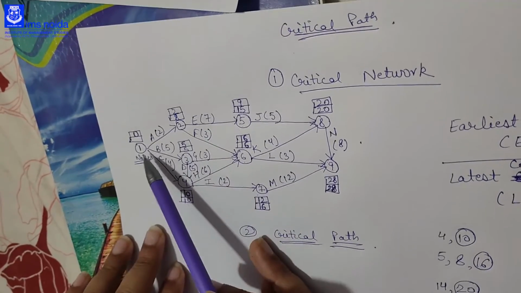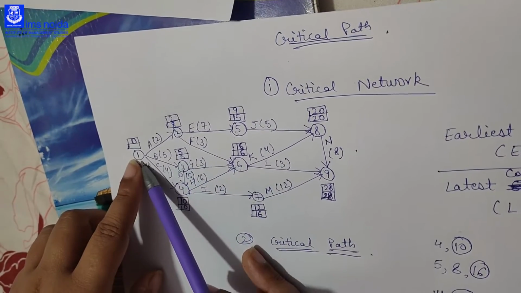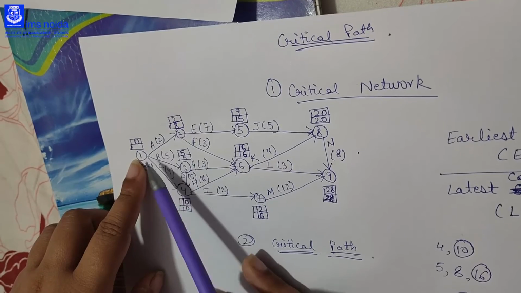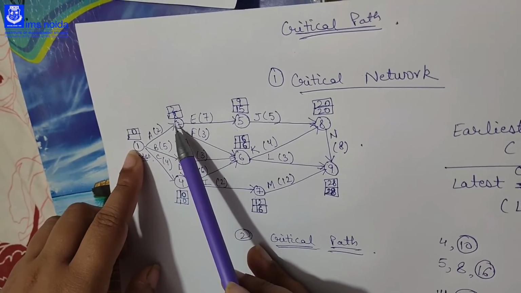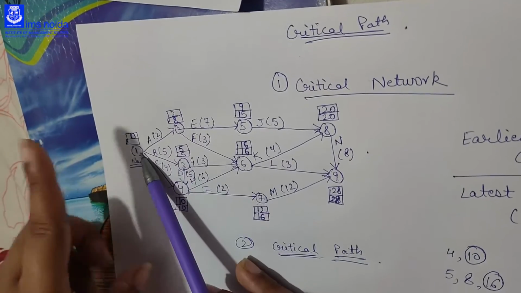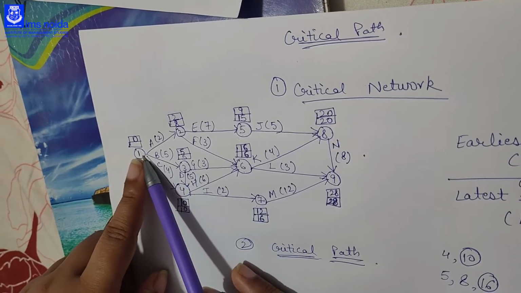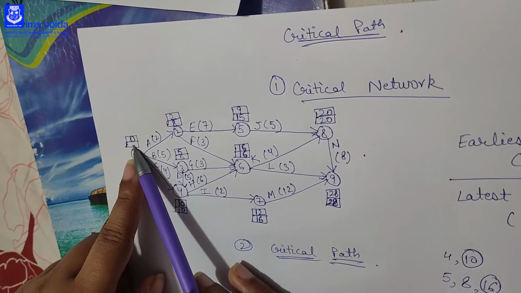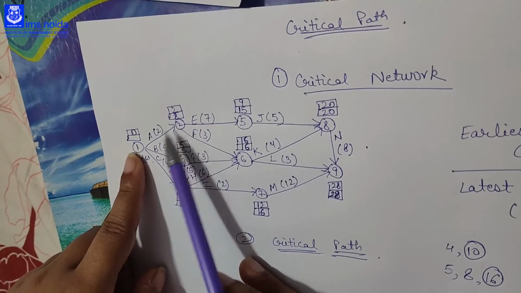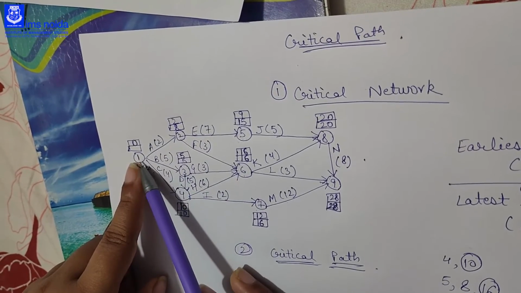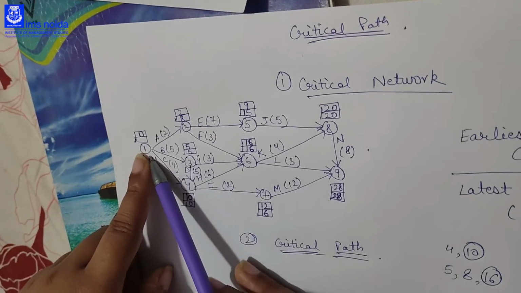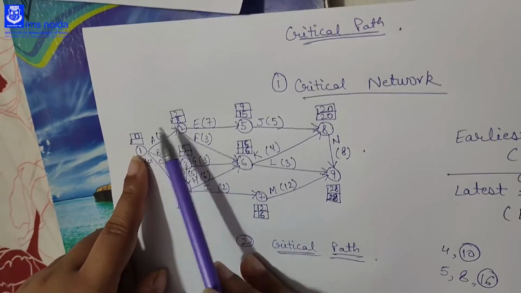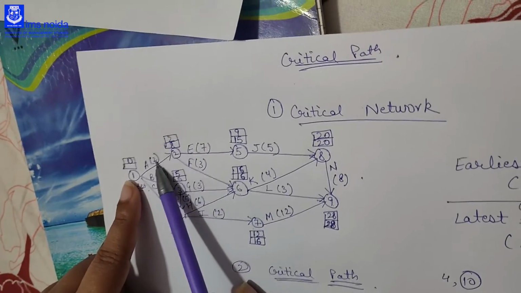Then to come to the 1, there are three ways, that is 2 to 1, 3 to 1 and 4 to 1. Just remember, when you come to the 1, you need 0 here. So you will see through which of the following ways you can come to the 1 and get the 0. Coming from 2 to 1, you have to subtract 2 from 8, that is 6.